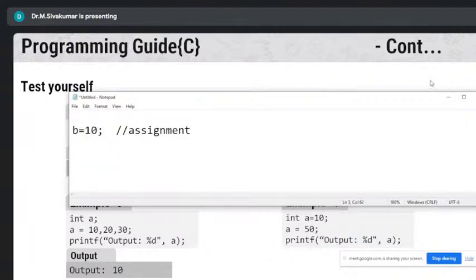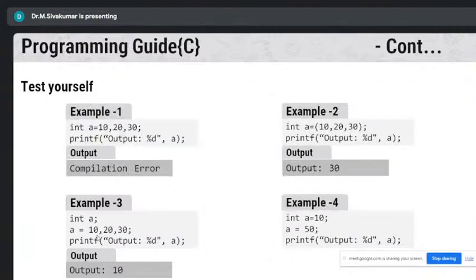Likewise, in C programming, so many are there. In assignment, we can have question number 3, you can refer here, like A is equal to 10 comma 20 comma 30. In initialization, it cannot accept, but in assignment, it will take the first value of 10, considering every statement as a separate statement.